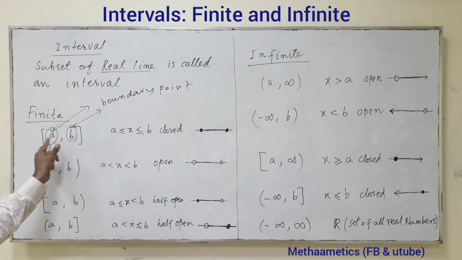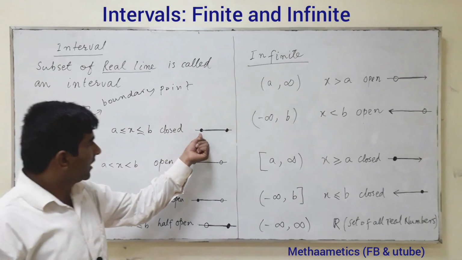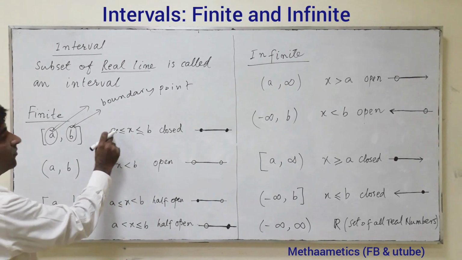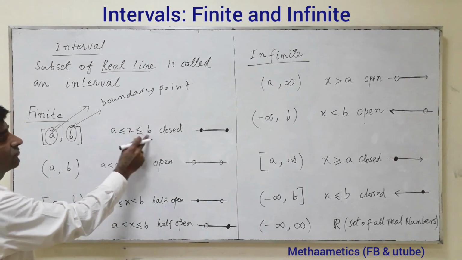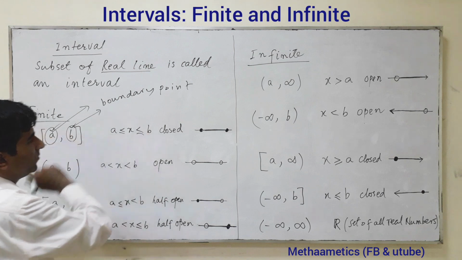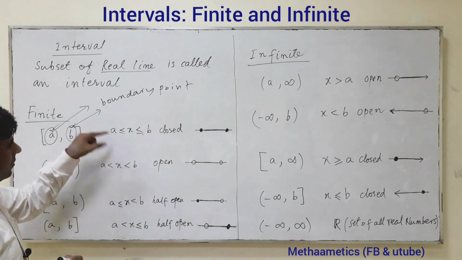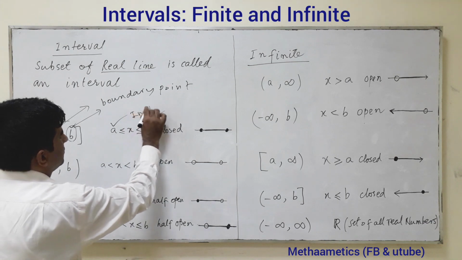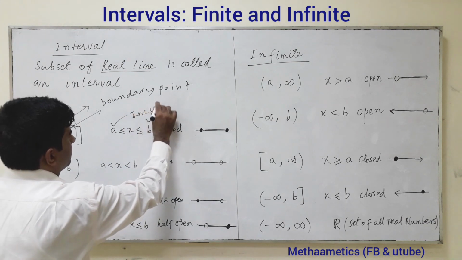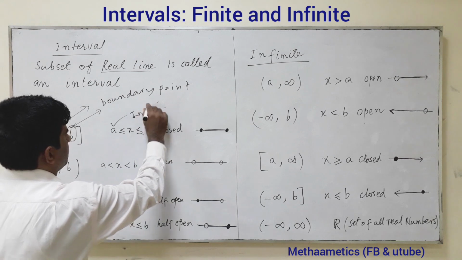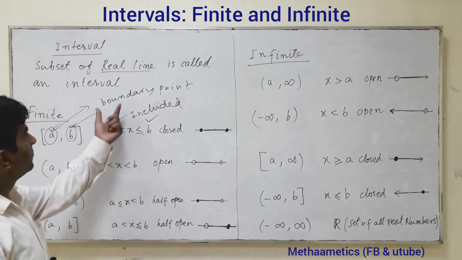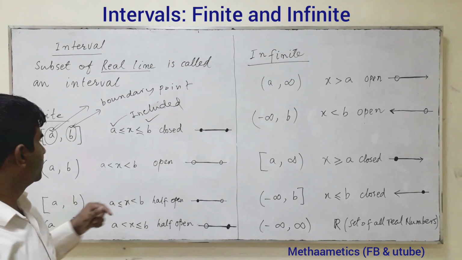This interval includes A and B, all numbers from A to B. A is included, B is also included, which means the boundary points are also included.